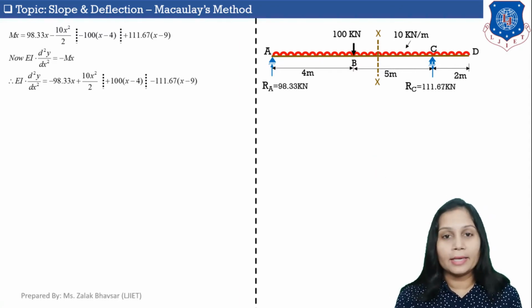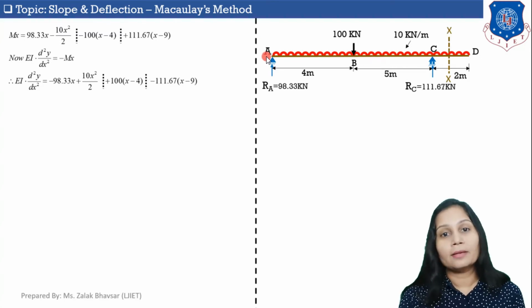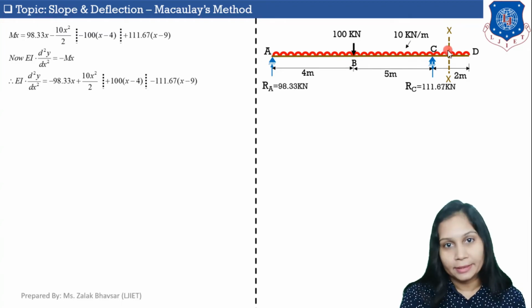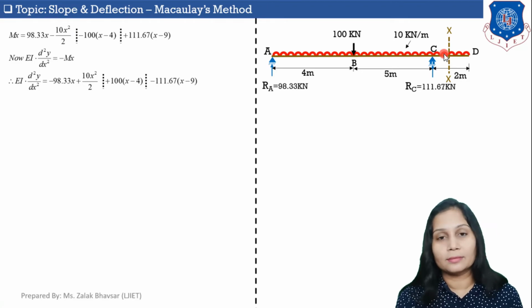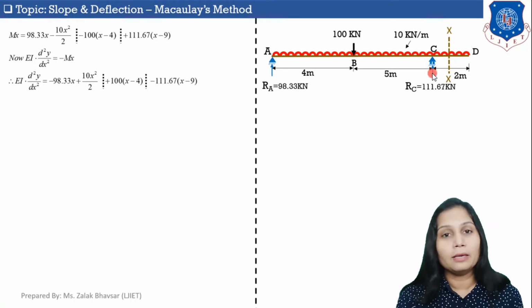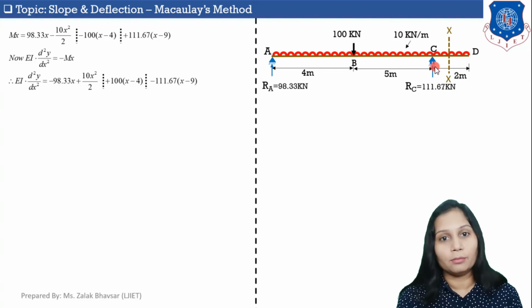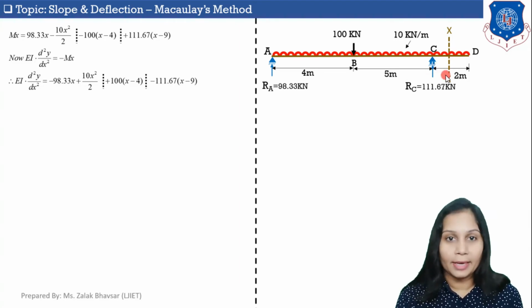Now let's take another section in part CD at a distance x meter from point A and calculate moment in part CD. So again in part CD also UDL is already calculated. Now in part CD, only this reaction RC will create a moment about section XX.